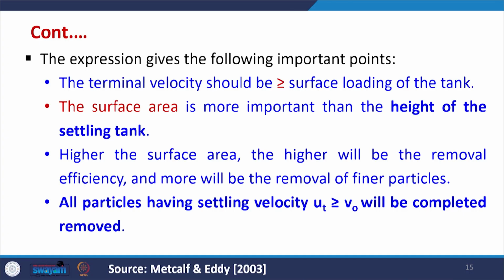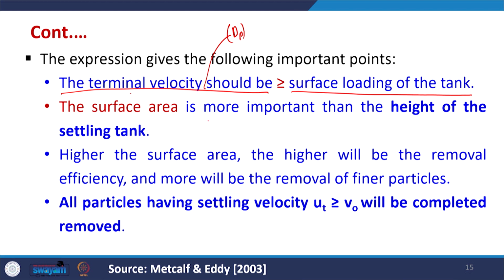The expression gives the following important points. The terminal velocity should be greater than the surface loading of the tank, and this terminal velocity depends upon diameter. So, we have a particular diameter of particles which will be 100% captured.